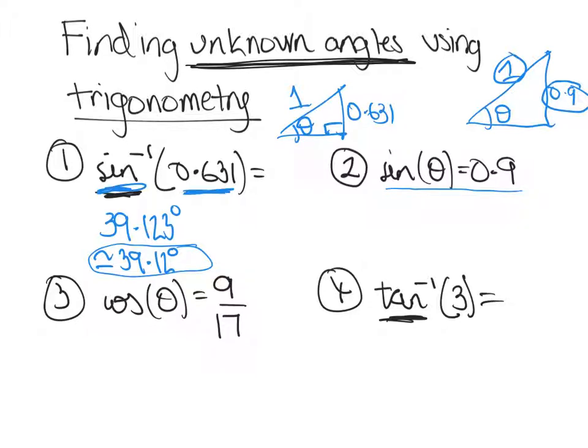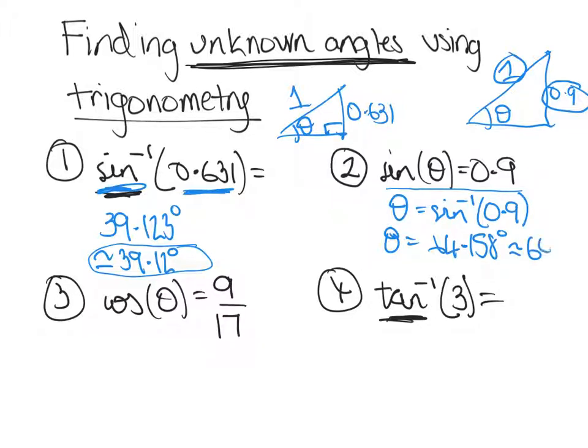Now to figure out the unknown angle, we'll rewrite this as theta is equal to inverse sine of 0.9. Now if you work out inverse sine of 0.9, it is 64.158, which rounds to about 64.16.